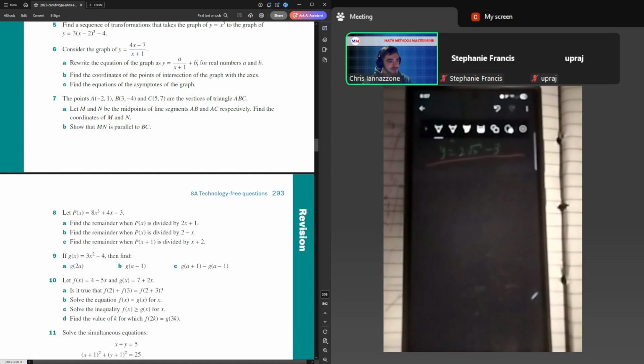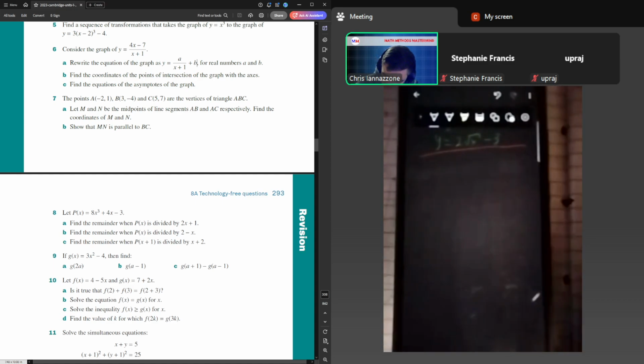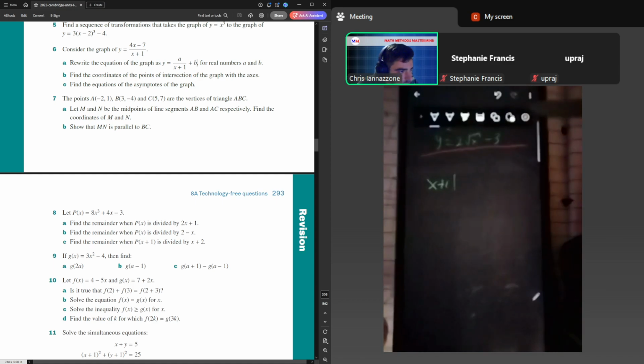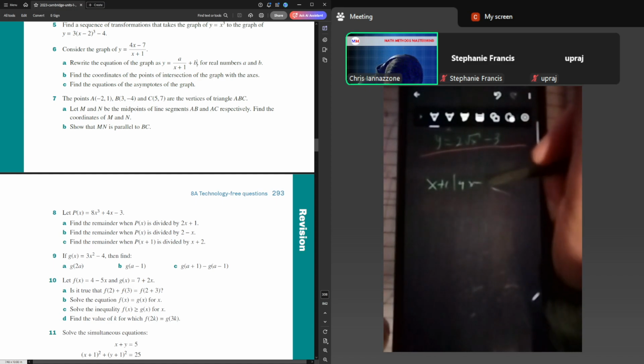Because linear is technically a polynomial, a first degree polynomial, being divided by another linear, whenever you have polynomial divided by linear, you have a polynomial division. Essentially you take the denominator, which is x plus 1, and you divide the numerator, which is 4x minus 7.